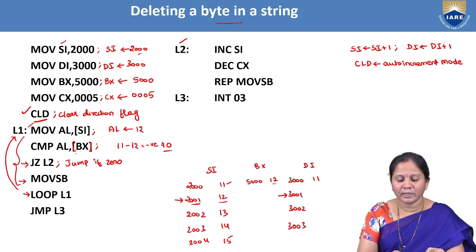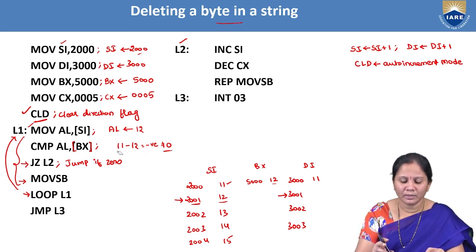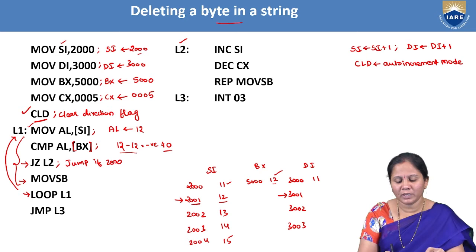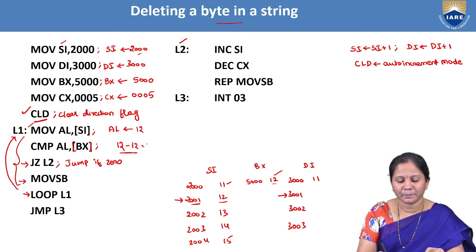And compare AL comma content of BX. Here AL consists of 12, and BX also consists of 12. So 12 minus 12 operation will be performed. If these two are compared, the result will be 0 in this case.